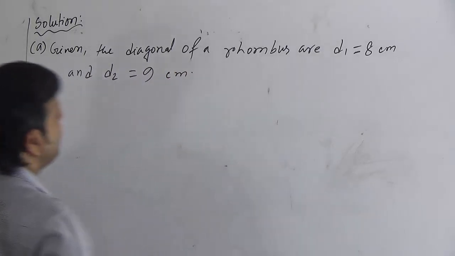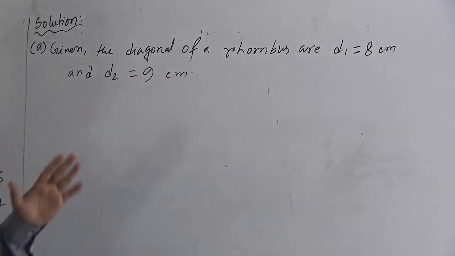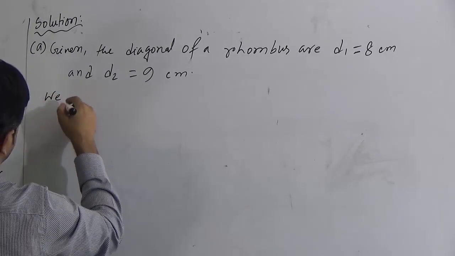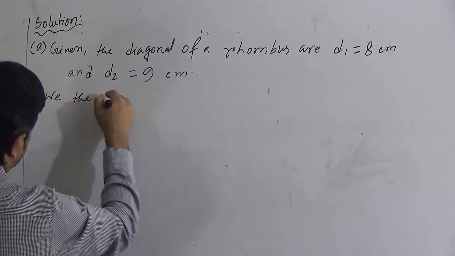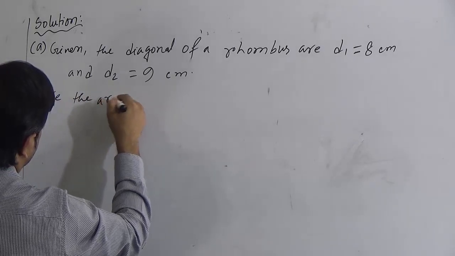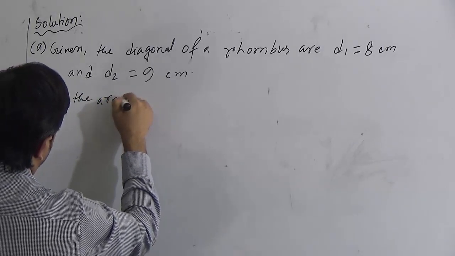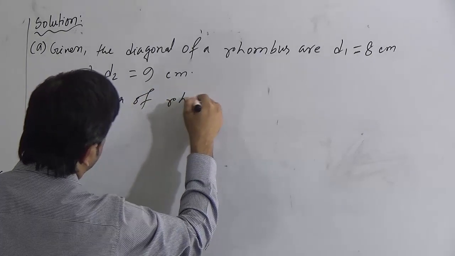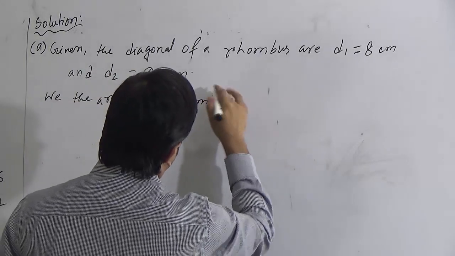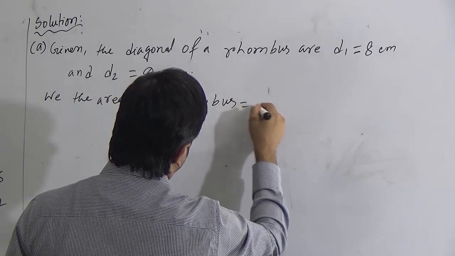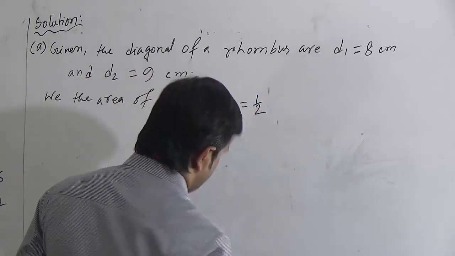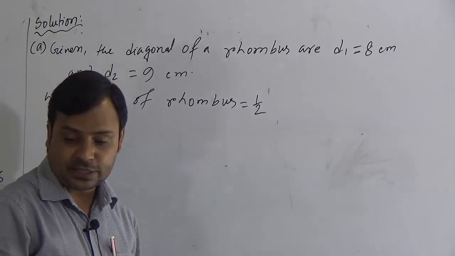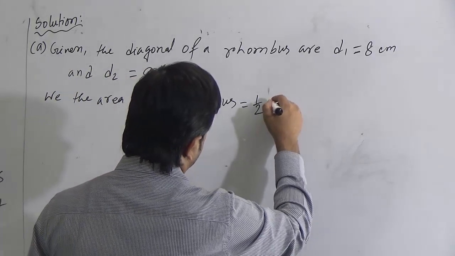We need to determine the area of the rhombus. We know the area of rhombus. When two diagonals are given, then we can write the formula for determining the area, that is half D1 D2.